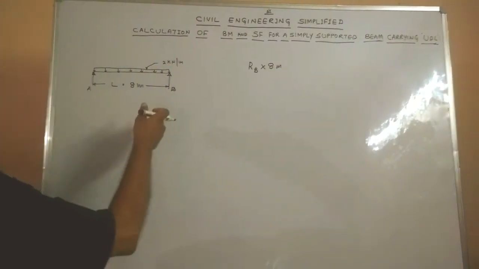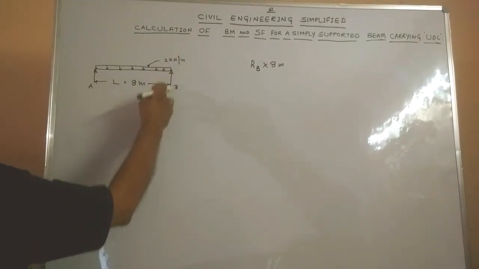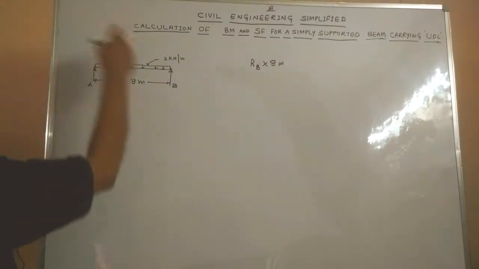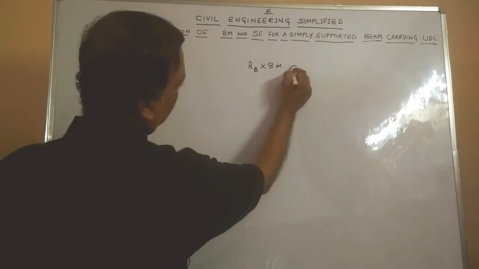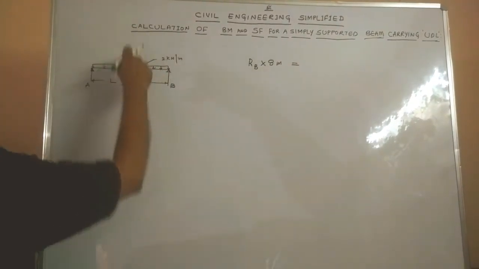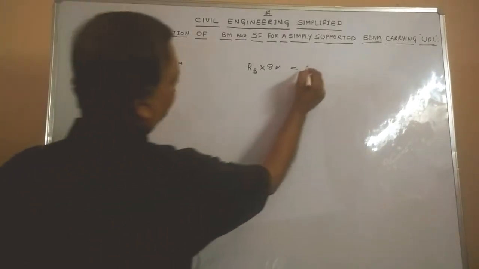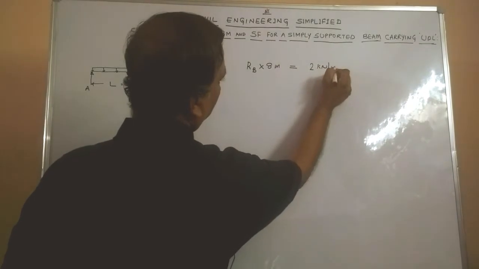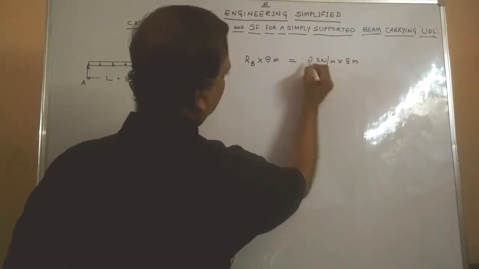This load is acting upwards, hence it causes an anti-clockwise moment, which should be equal to the clockwise downward moment of the load on the beam, which is 2 kN per meter acting over a span of 8 meters.